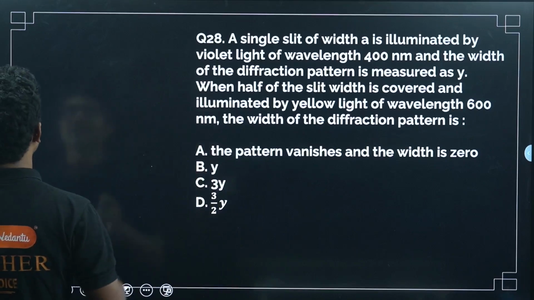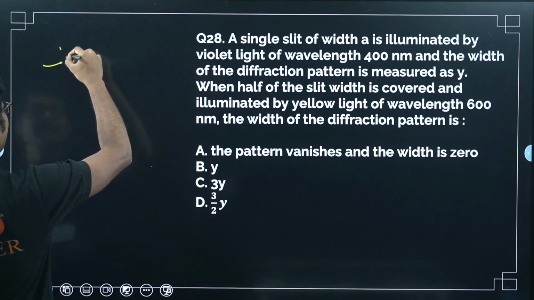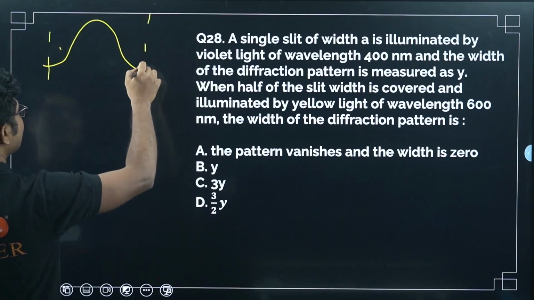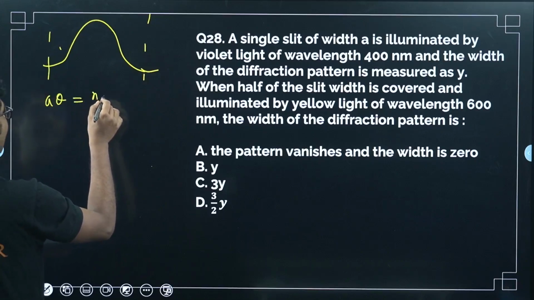Now if you remember, we have done the width of the diffraction pattern calculation, right? This was the first diffraction order. For the second order, we said A sin theta equals n lambda.